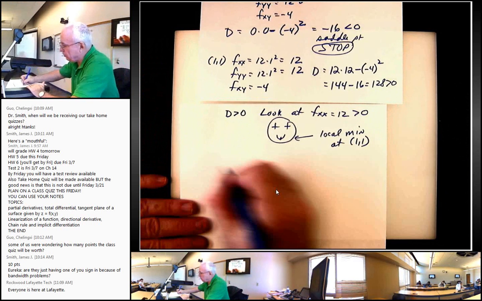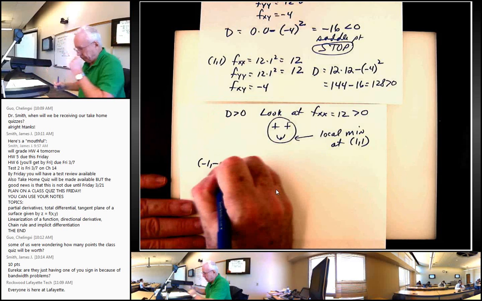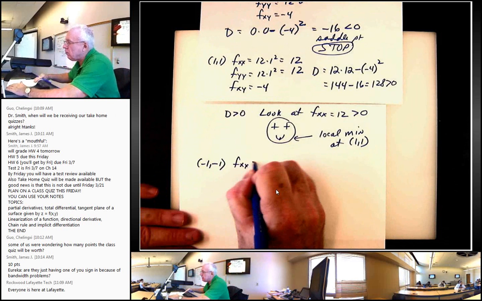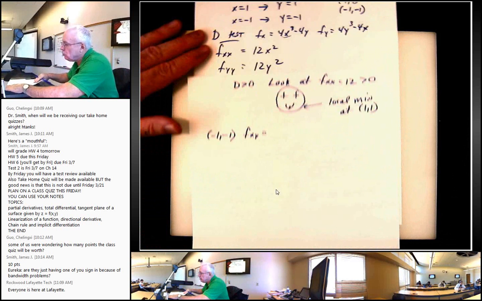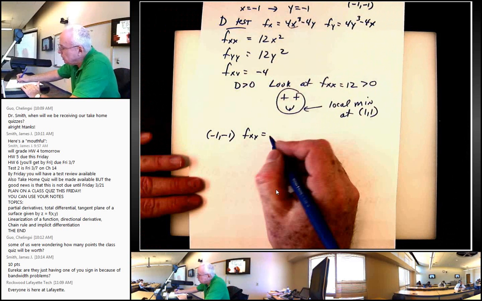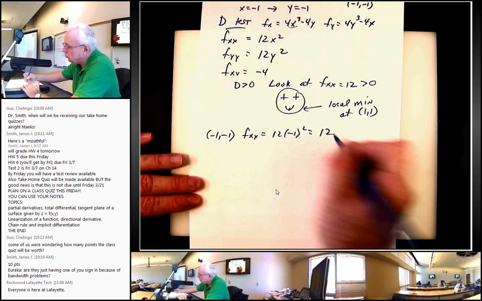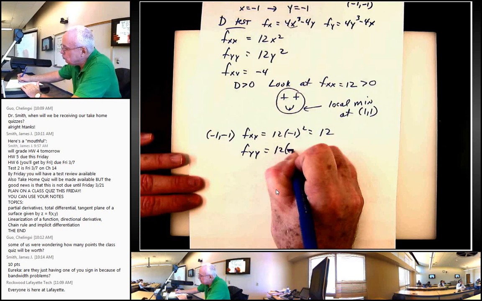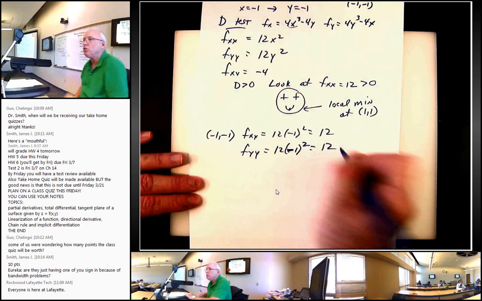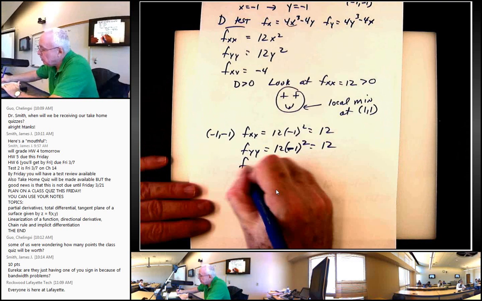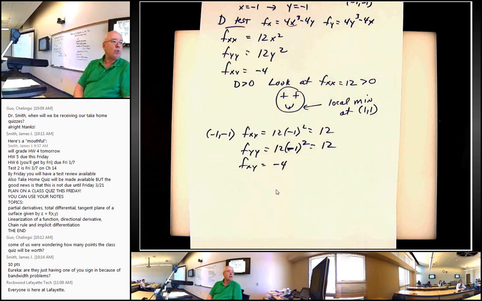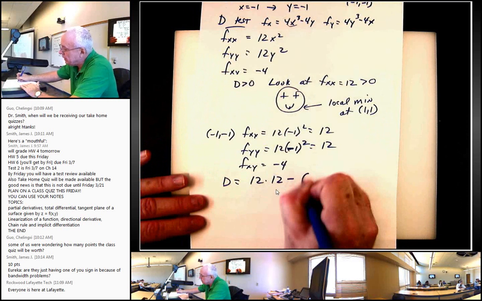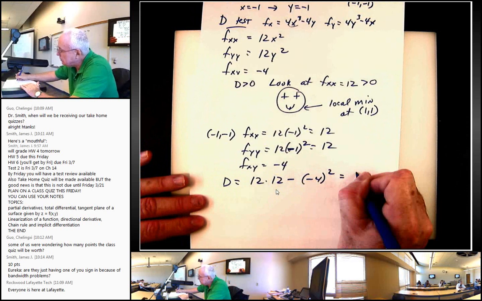Then I only have one more critical point, negative 1, negative 1. And in this case, my fxx now is, let's see, 12x squared, so 12 times minus 1 squared is also 12. fyy, 12 times minus 1 squared is going to be 12 again. fxy, always in this case, is negative 4. So our D is 12 times 12 minus a minus 4 squared, and that's also 128.